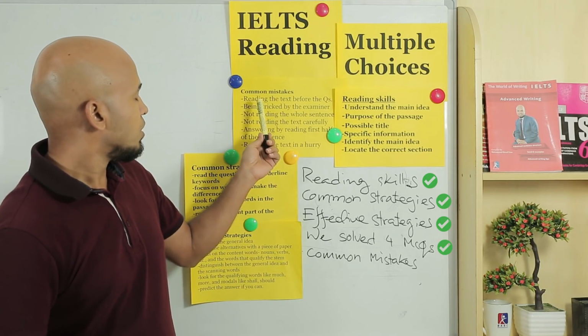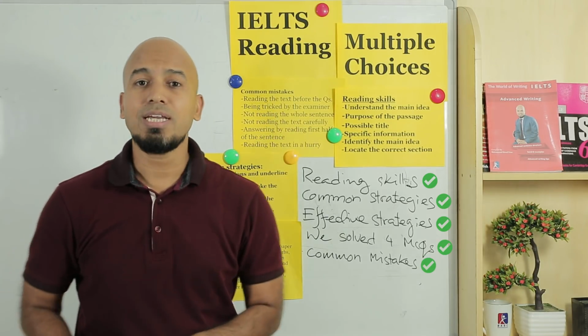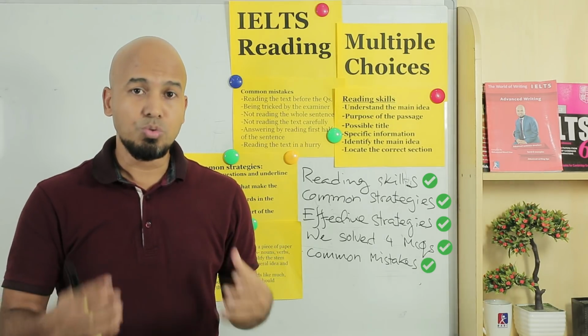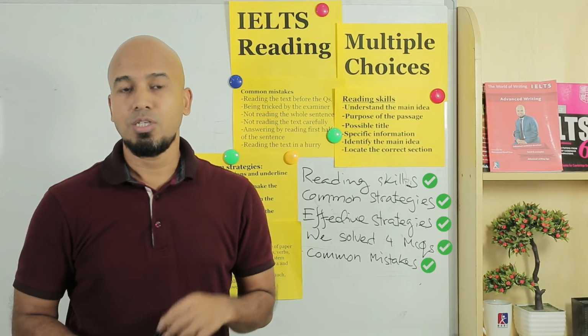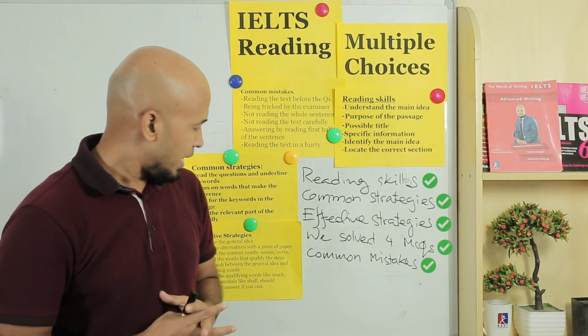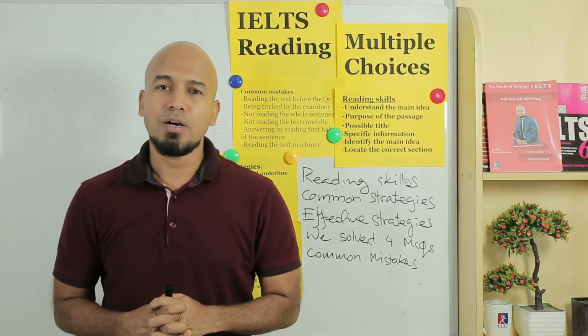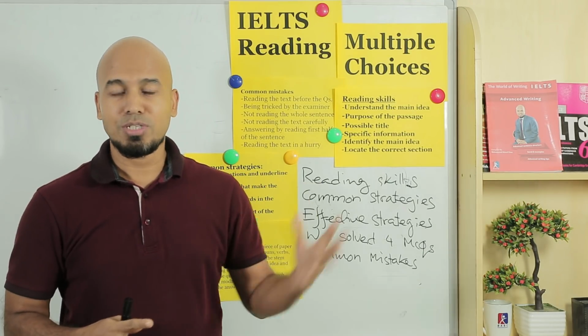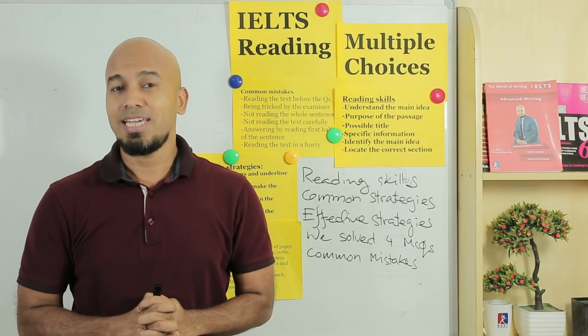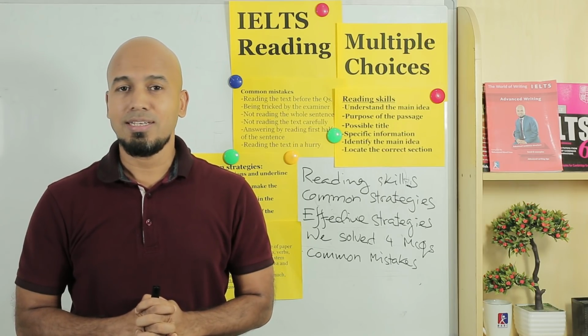We also tried to find the common mistakes. These are the mistakes we make. If we avoid the common mistakes, you could be flawless. And I hope if you practice more and more MCQ types of questions, you can get a very good score in IELTS.